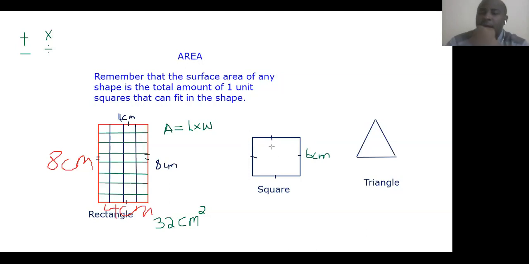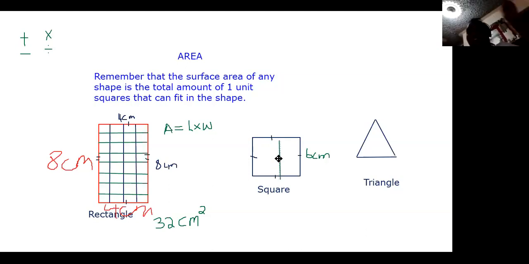All right, so Zaria, if it is 6, how many centimeters can I get along this side here? 6 centimeters. So yes, we can get 6 1-centimeter units along that side. Because all sides of a square are equal sides. Good job.